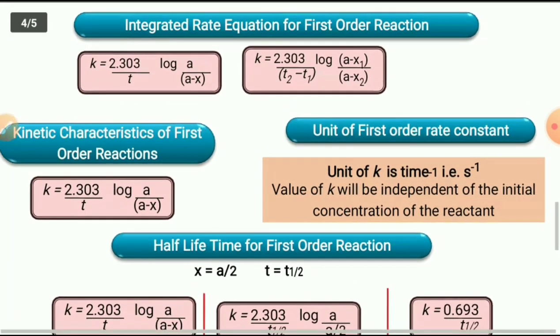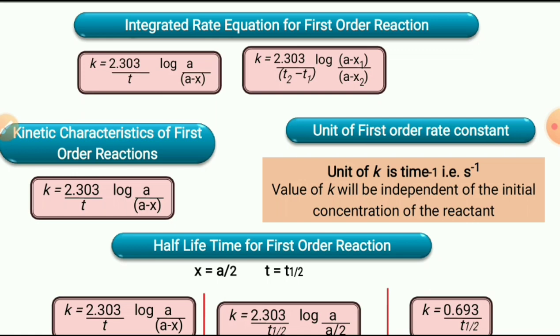So we have obtained the integrated rate equation for the first order reaction in two different forms. The first one is k equal to 2.303 upon t into log of a upon a minus x, and in another form at different times, k equal to 2.303 upon t2 minus t1 into log of a minus x1 upon a minus x2.